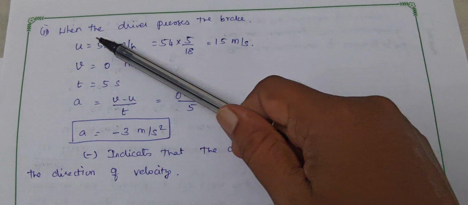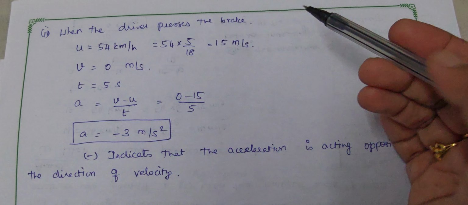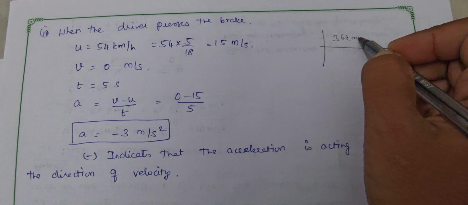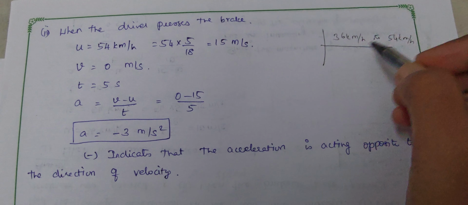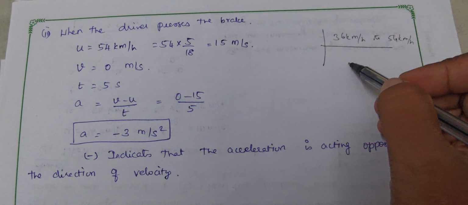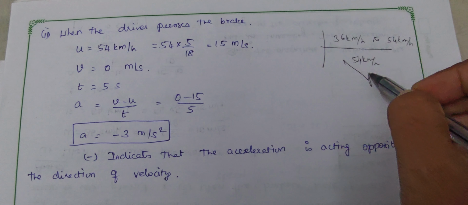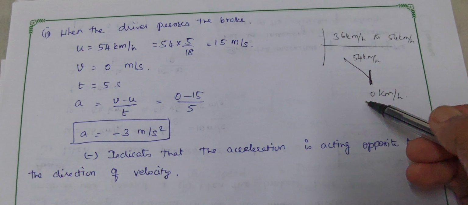So what is the next case? When the driver presses the brake, what happens? The bus started moving, previously we saw from 36 km per hour to 54 km per hour. Then there is an obstacle, so it stopped, meaning 54 km per hour to 0 km per hour when it stops.